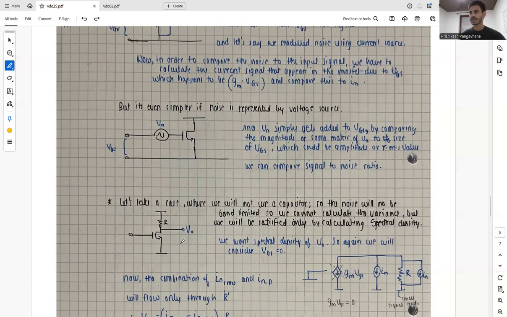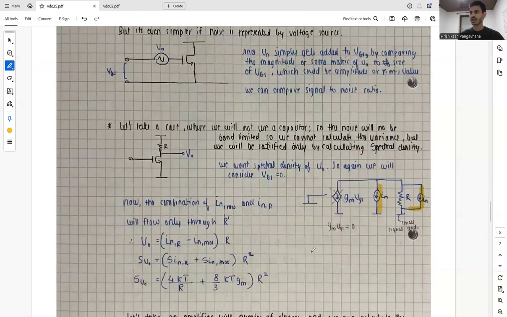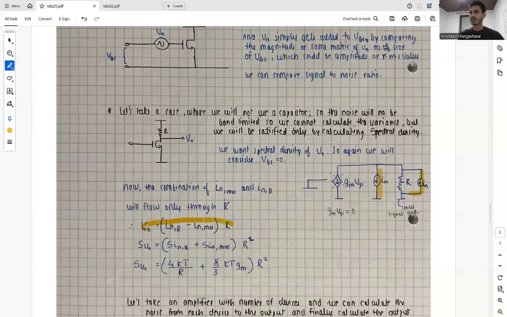So we want the spectral density of the output voltage. Again, we consider the large signal to be 0, and in the small signal model this one becomes an open circuit. We have the current source due to the noise In. We have the resistor connected to the small signal ground, and the resistor comes with its own current source due to noise.